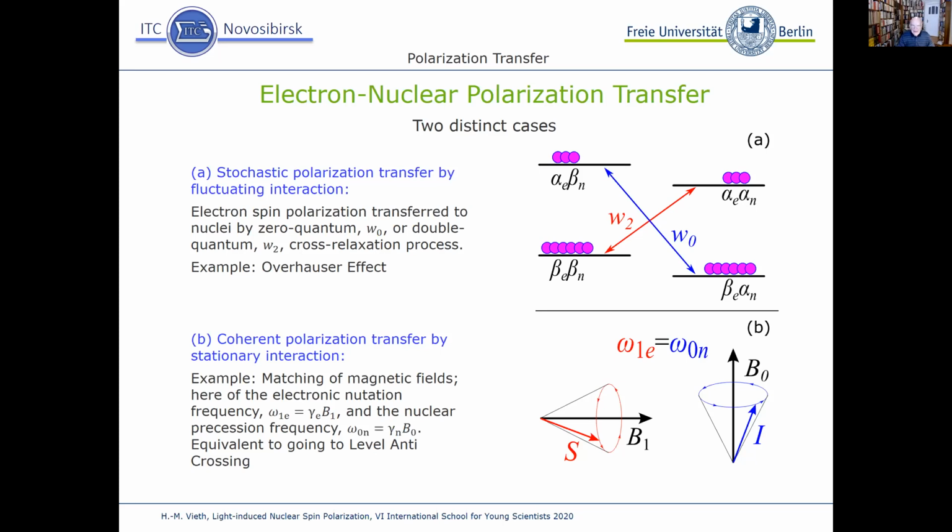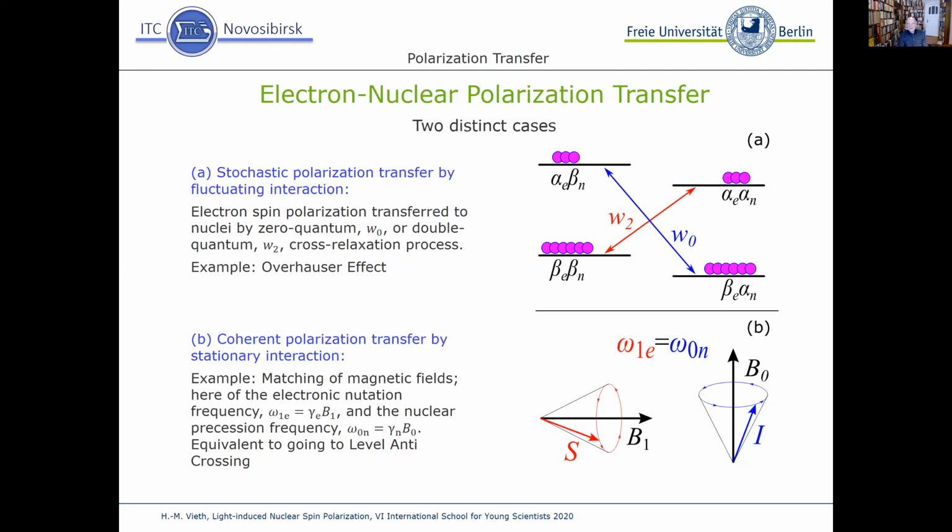And we can do it by matching fields experienced by the electron spins and the nuclear spins. For example, we can match the precession frequency of the nuclear spins with the spin motion of the electron spins around the microwave or radio frequency field B1.